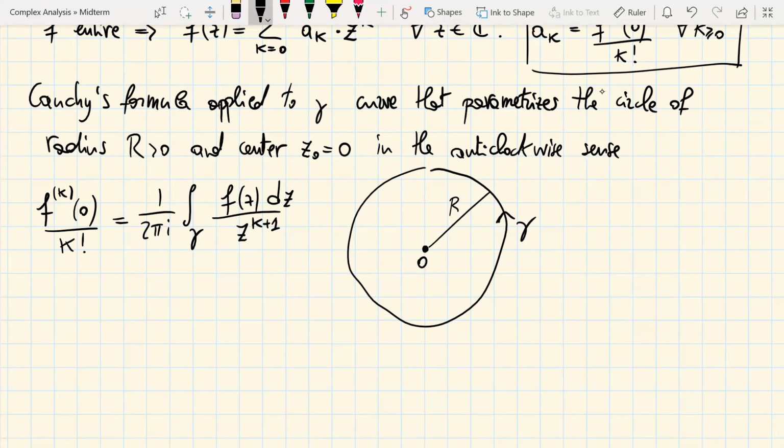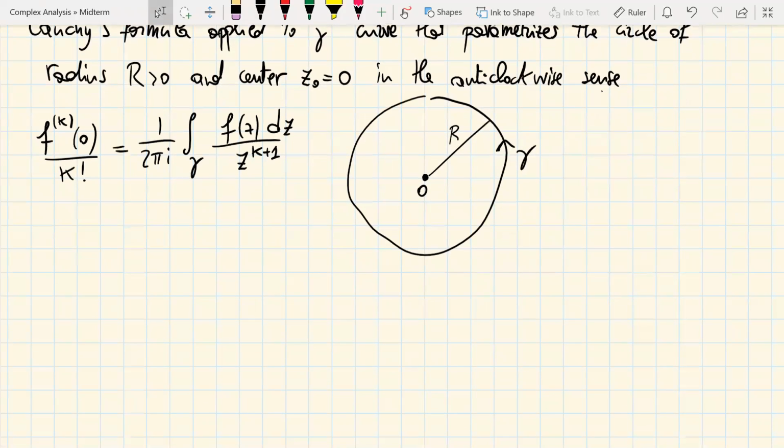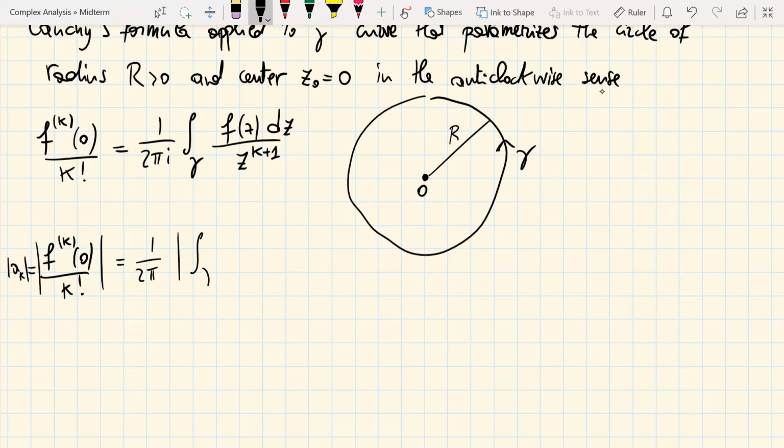And now we want to estimate the derivative using this integral. So what can we say? We know that the norm of this number, which we recall is also the norm of a_k, is equal to 1 over 2 pi times the norm of this integral.